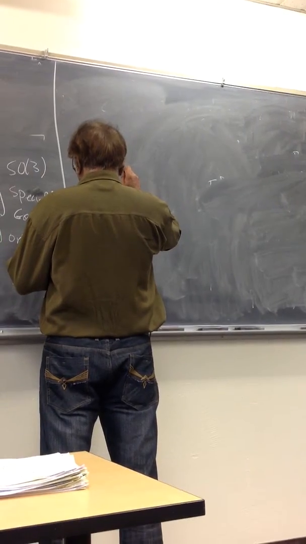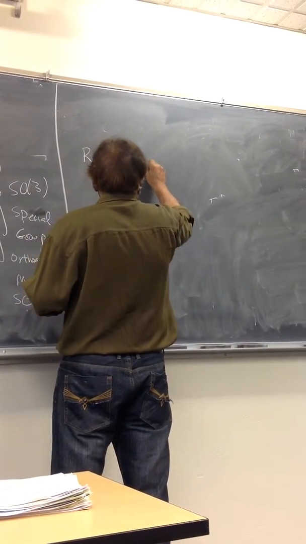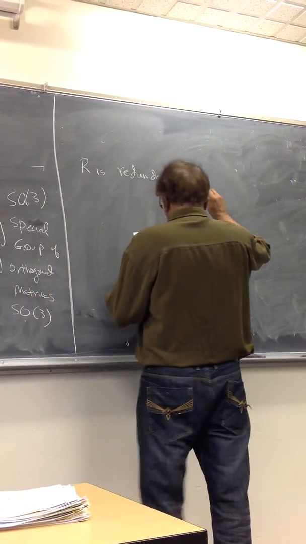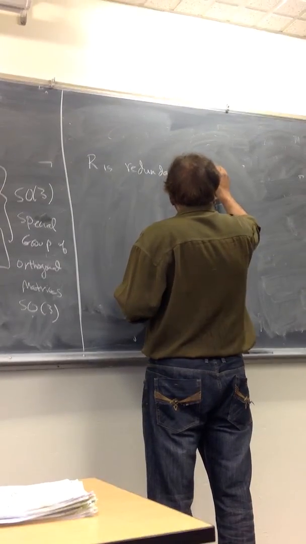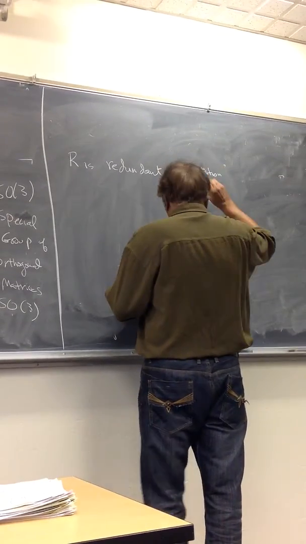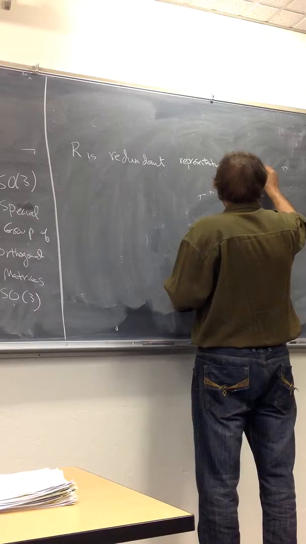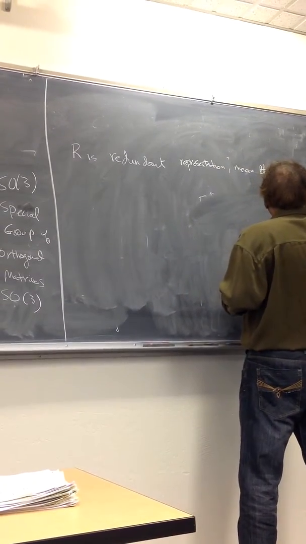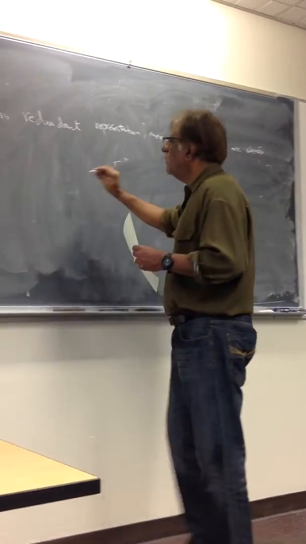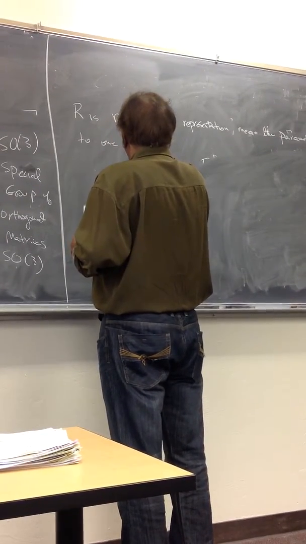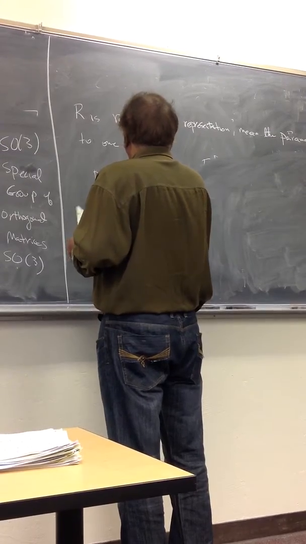That means R is a redundant representation, which means the parameters in R are related to one another, which means that R has too many solutions.